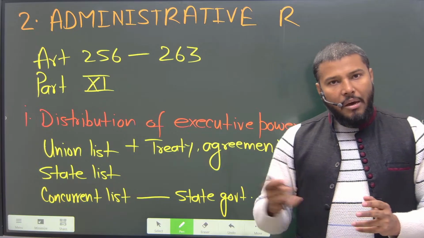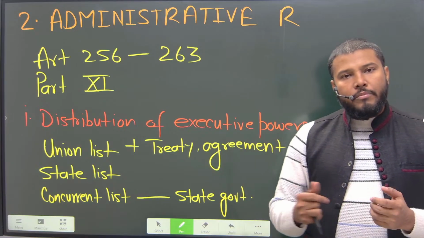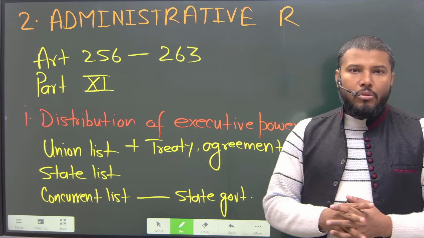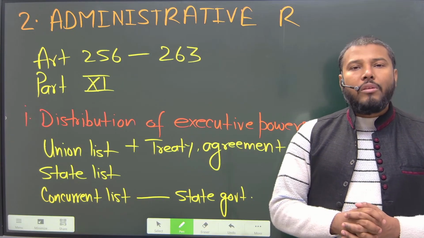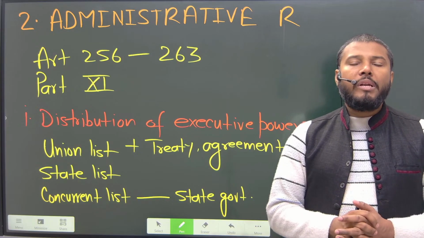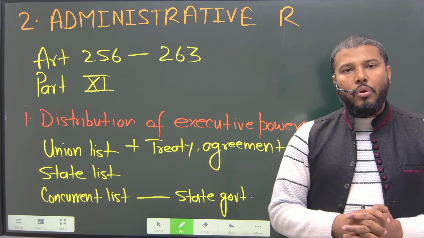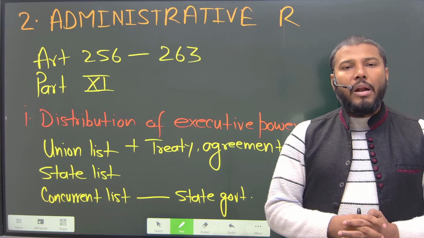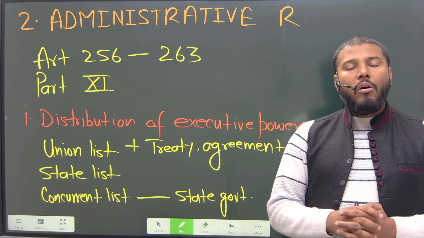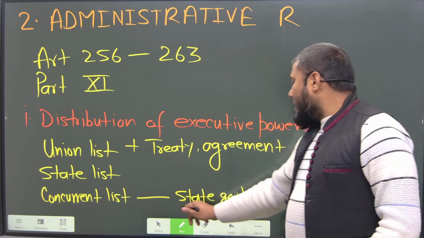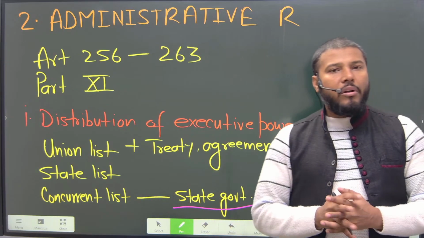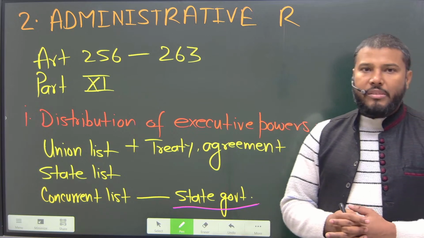Be clear, ये यहाँ पे क्रक्स है, ये यहाँ पे थोड़ा सा एक ट्विस्ट है, तो ट्विस्ट को आप समझने की कोशिश करिए. The state government is vested with the authority to ensure the enforcement or the execution of the laws which have been made either by the parliament or by the state assemblies on the concurrent list matter, right? You see here, on the concurrent list state governments are vested with the authority in ordinary circumstances.